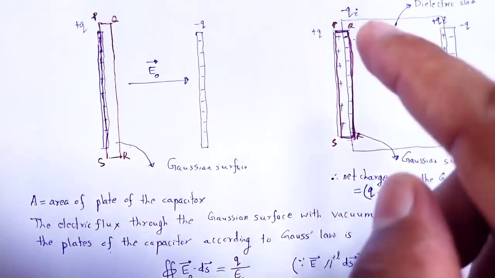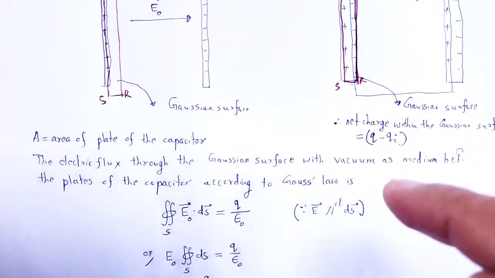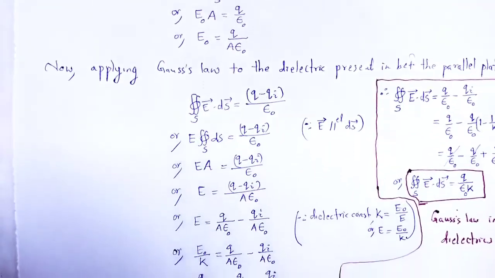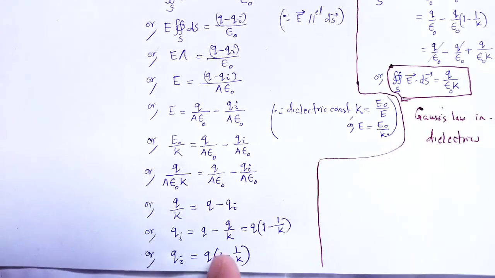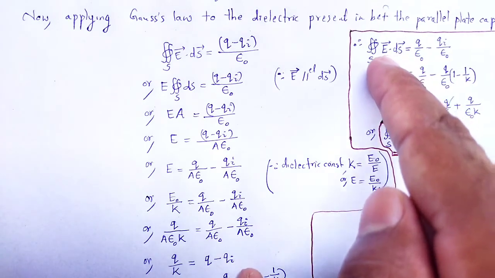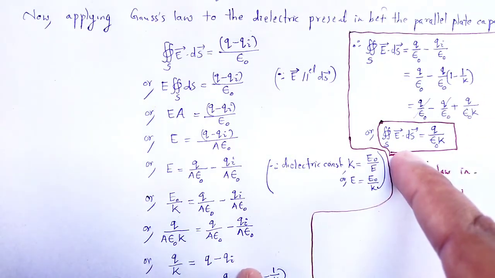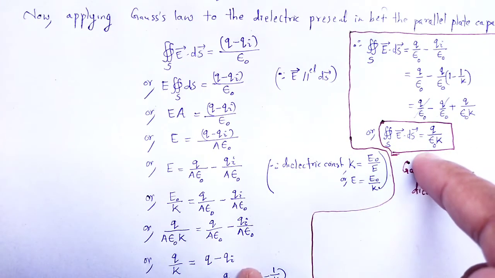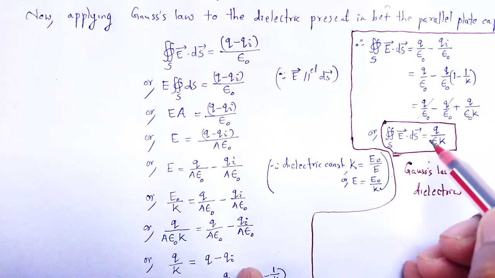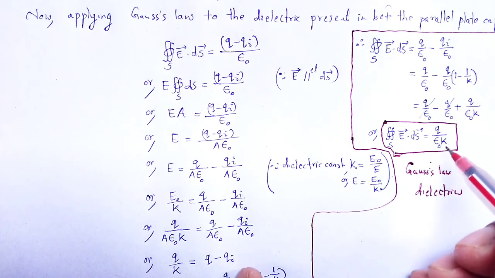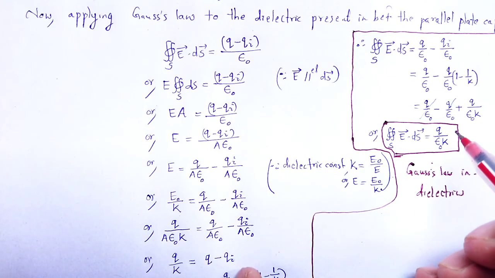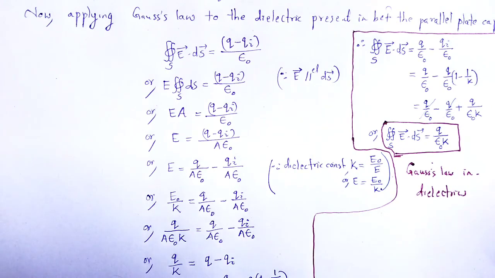Then, taking a dielectric slab within the plates and applying Gauss law by taking a Gaussian surface, we get Qi, and putting the value of Qi in this equation, we get closed surface integration of E dot ds is equal to Q divided by epsilon naught into K, charge divided by the permittivity of free space times the dielectric constant. This is the Gauss law in the case of dielectrics.